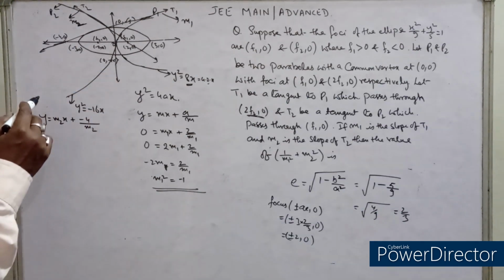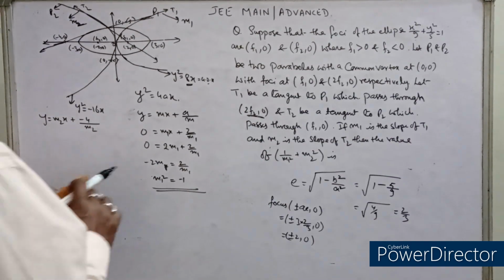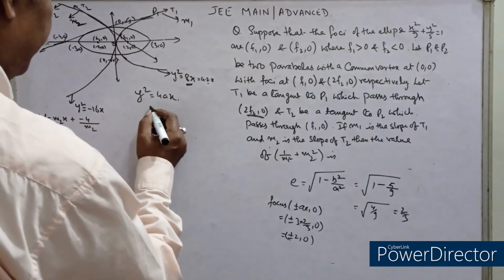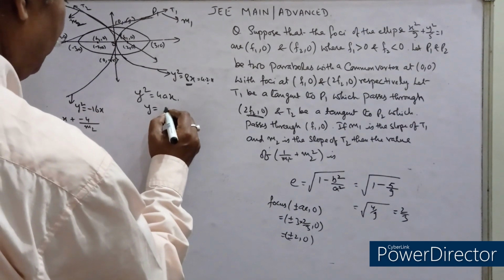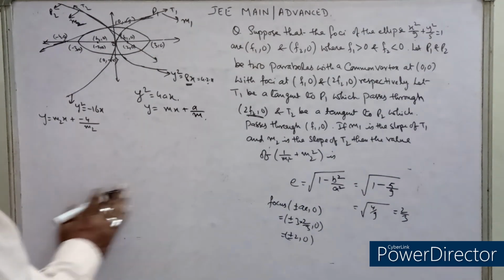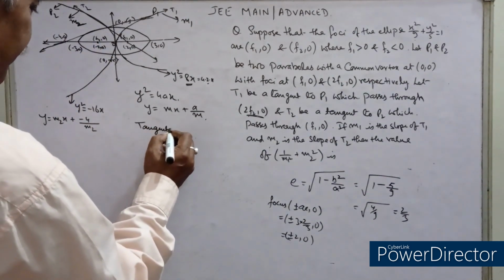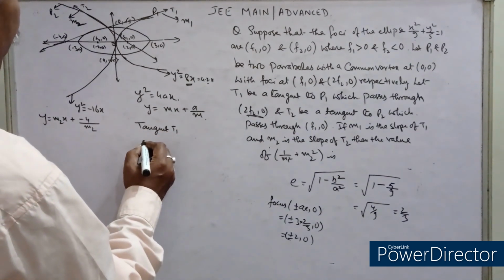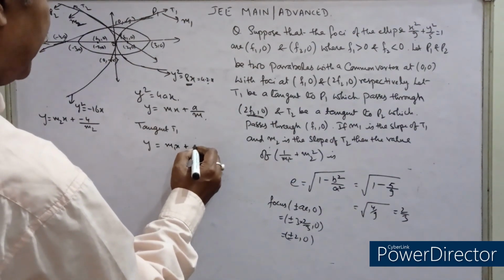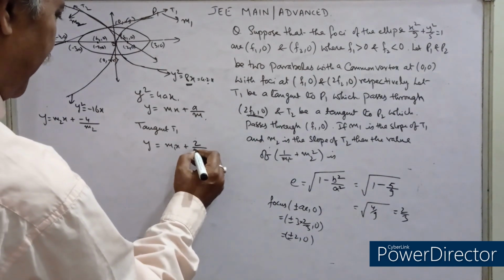Again, sorry, there is a mistake here. For the tangent T1, y is equal to, this is the main formula, mx plus a by m. There is a mistake here. So for tangent T1, your equation will be y is equal to m1 x plus a by m1, and for this parabola your a is equal to 2, so 2 by m1.